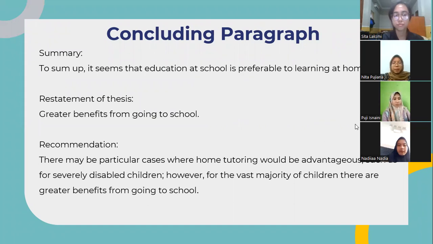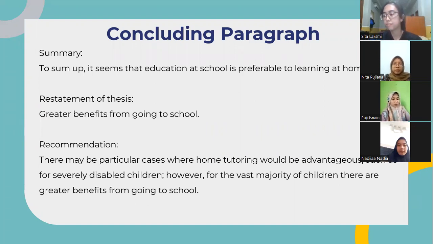The second part is the restatement of the thesis, where the thesis statement is: however, despite the various arguments that have been put forward for home tutoring, this essay will argue that it is better for a child to be educated at school.